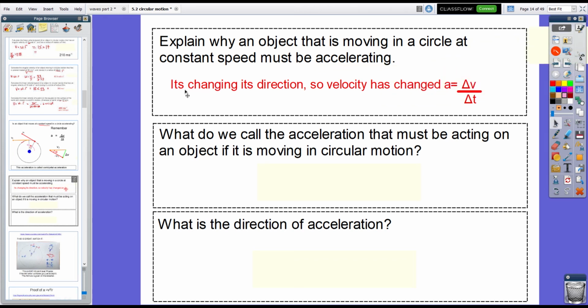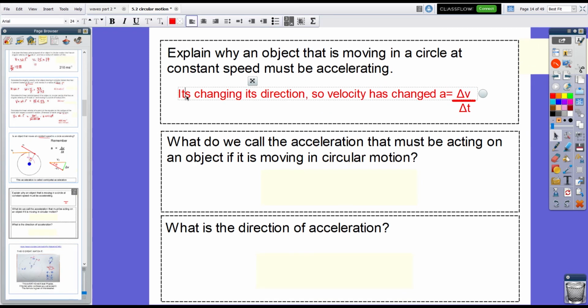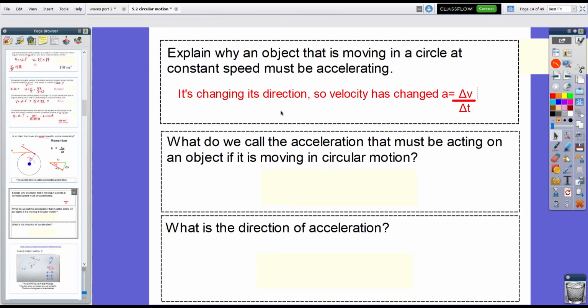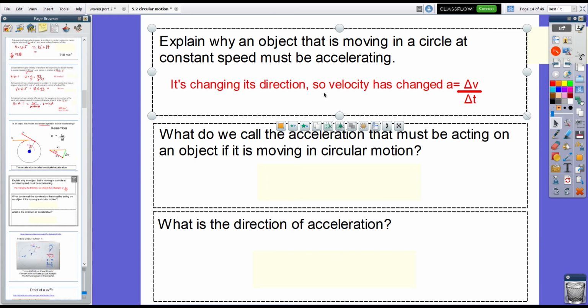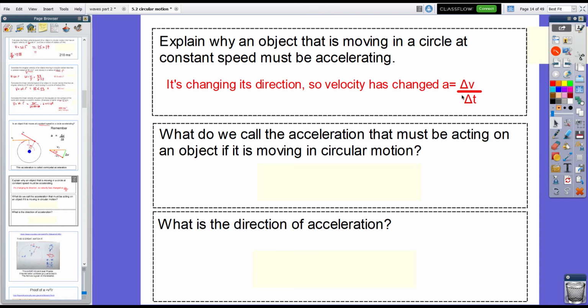Its speed isn't changing, but it's changing its direction, and because velocity is a vector, the velocity is changed, and so the acceleration is delta v over delta t. So you can travel at a constant speed, but if you're moving in a circle, you're always changing your velocity because you're always changing direction.